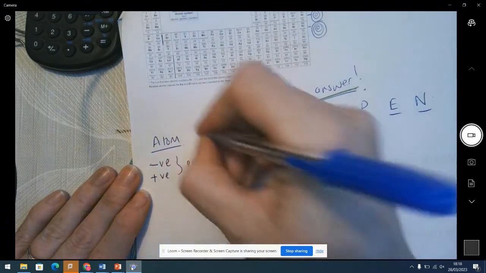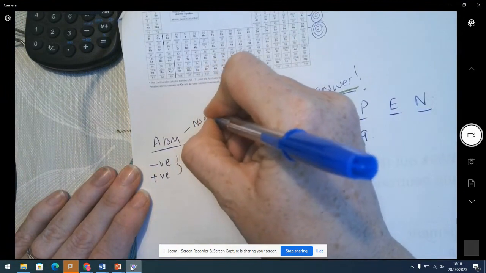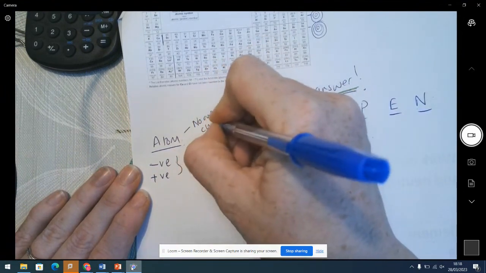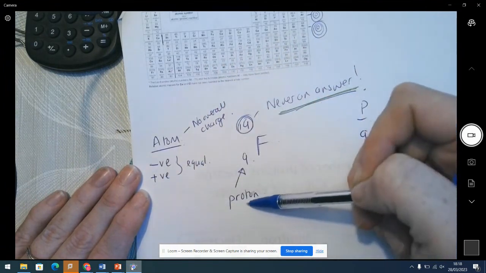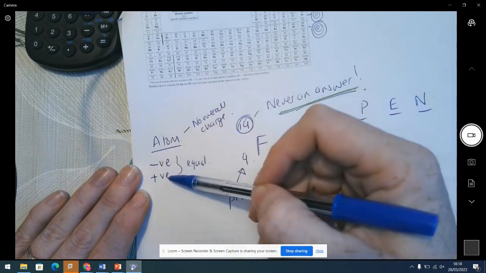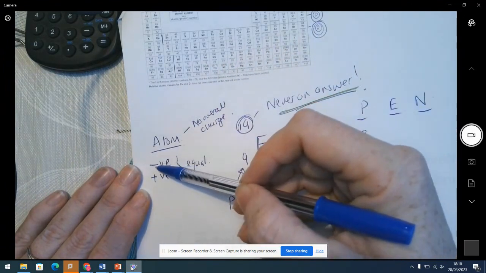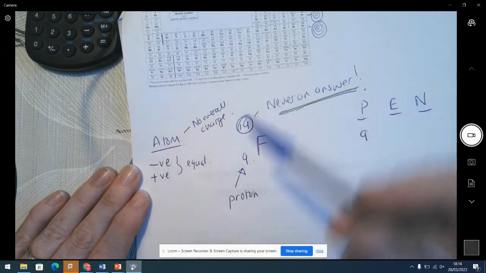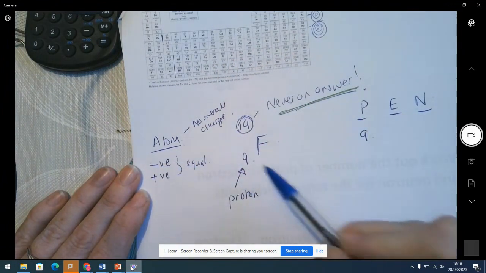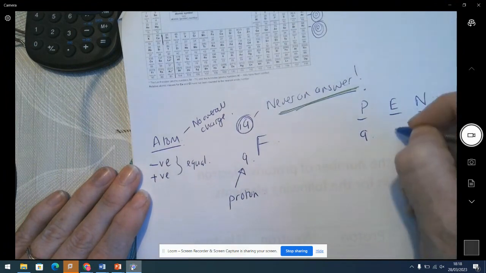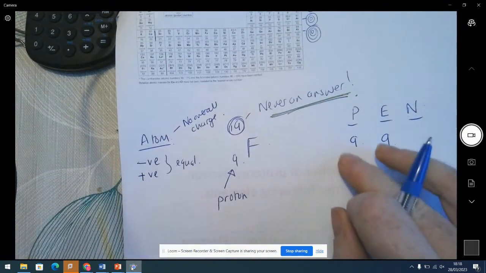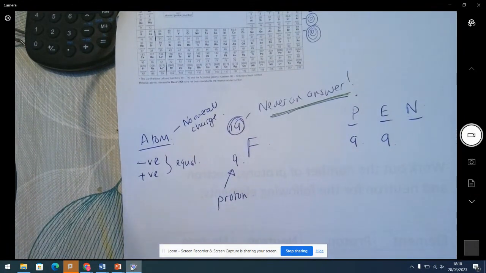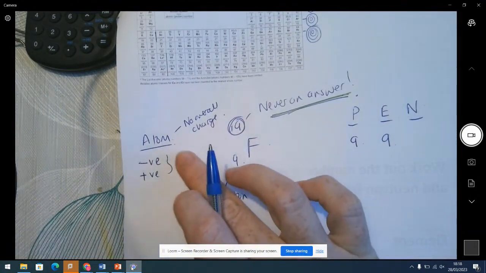Okay, so atoms have no overall charge. And that's because the number of protons, which are positive, so in this case 9, equals the number of electrons, which are negative. So the proton number is also telling me my electron number. So in this case, I have got 9 electrons. So the proton and electron number are always the same when we're looking specifically at an atom.